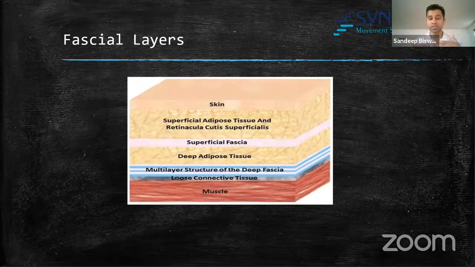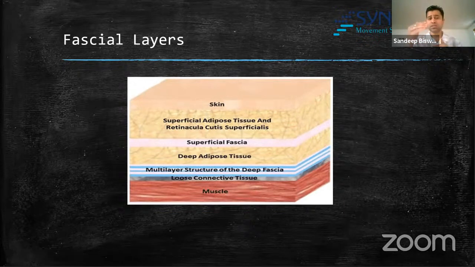It has multiple layers to it. And in between these layers, what you have is loose connective tissue. When I say loose connective tissue, it's just the fluid matrix, or the lubrication you have in between the different layers. If you don't have this lubrication, what will happen? The fascial layers will stick to each other and then you will have a problem. Make sense?